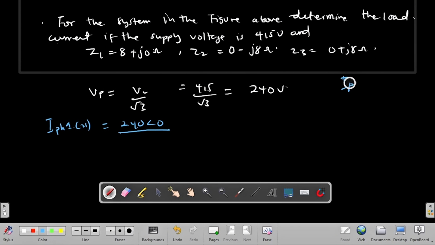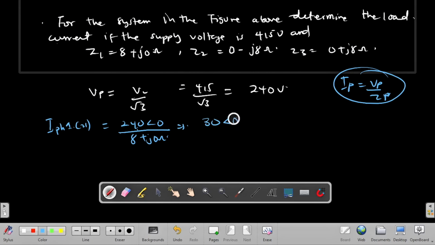Our IP that we are looking for is equal to our VP over our impedance, ZP. My impedance is 8 plus j0 ohms. And the answer is simply 30 angle 0 amperes. As simple as that. You divide, we get 30, and the angle subtracted is still 0. This is a complex representation if you remember.